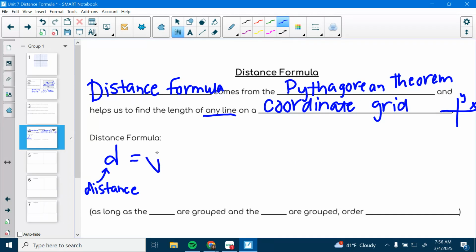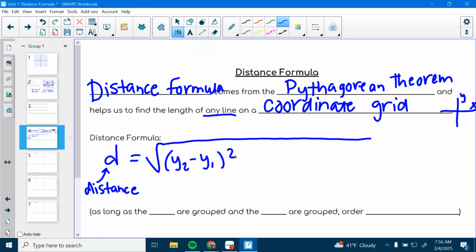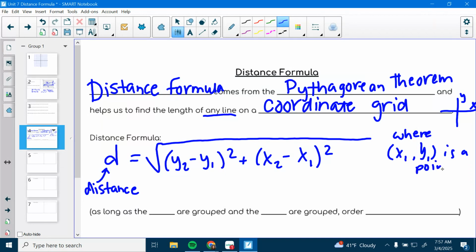Is equal to the square root of y2 minus y1 squared plus x2 minus x1. Oops. Let me erase that. X subscript 1, where x1 comma y1 is a point, and x2 comma y2 is a point.